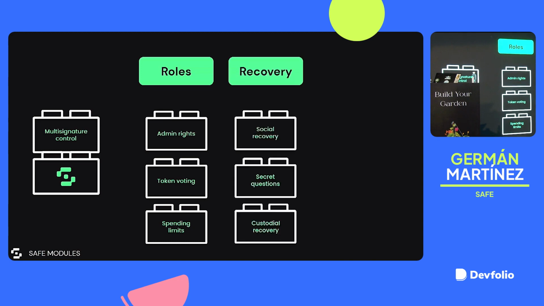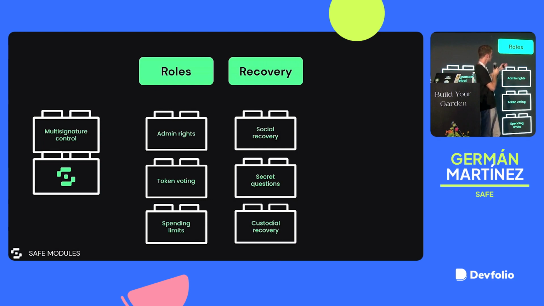This is for roles, but also for recovery mechanisms. Modules would allow, at some point in time, when depending on your logic a Safe is not used, to trigger a transaction that replaces the current owners with the people who are activating this mechanism, or just transfers the funds somewhere else.